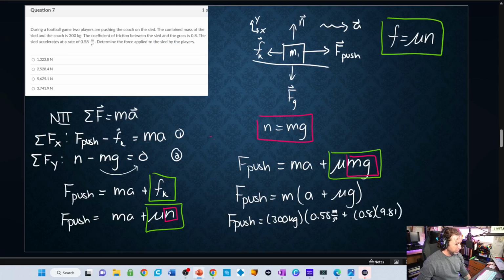So the force of the push is going to be equal to, let's see, what do we get? We get 2,528.4 newtons. And there is my solution right there.